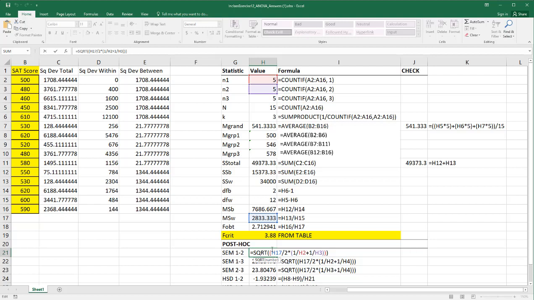And also, because n is equal, there's actually a simpler formula. I'm not going to have you learn both, because this formula will give you the same value, and it will also work when n is not equal.